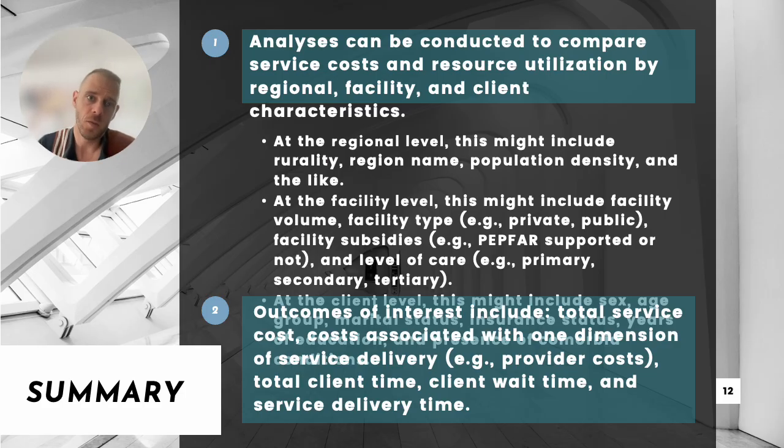So first, we can compare service costs and resource utilization, i.e. variation, by regional, facility, and client characteristics. For example, at the regional level, we might examine costs by rurality, region of the country, population density, and the like.